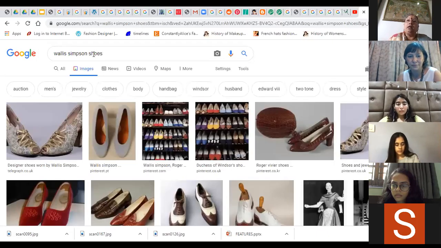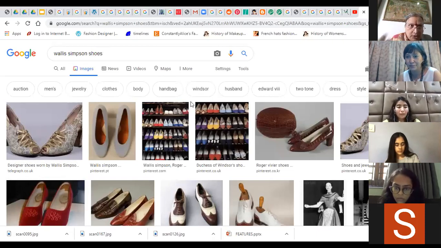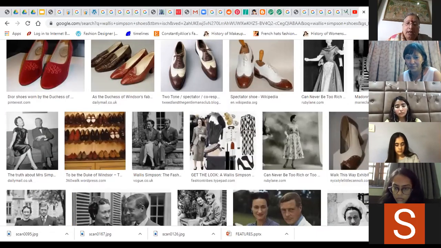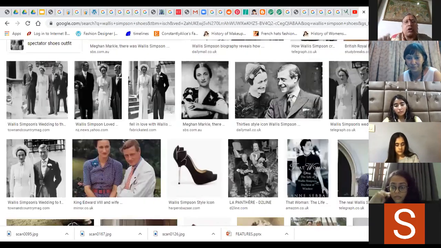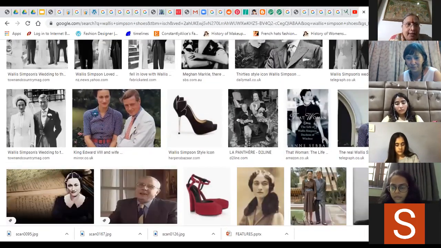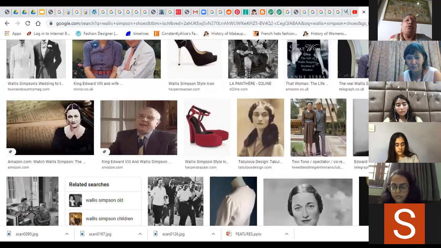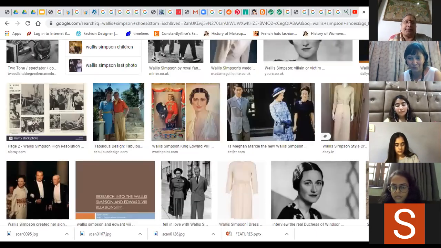Each and every linen was created specifically for her, and the design applied on it was so detailed that they have created a whole museum of her things.